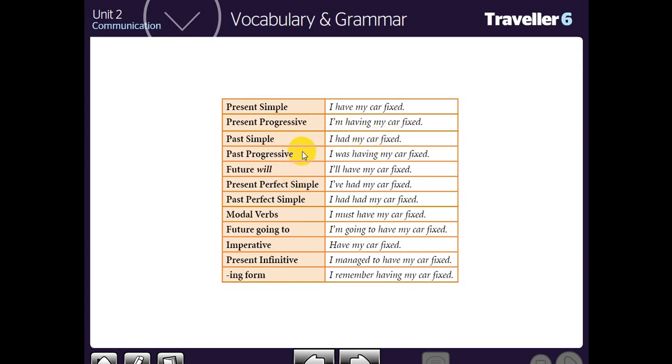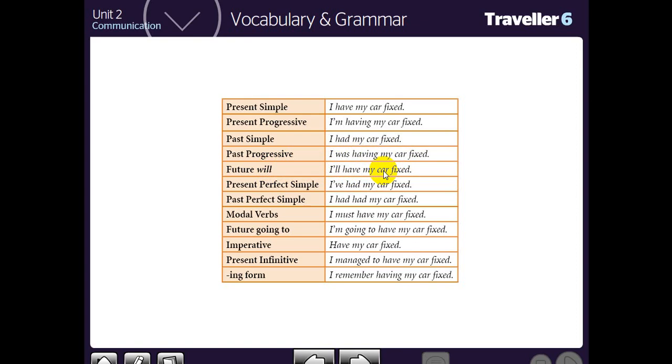As for the past progressive, you should use the subject then was or were, plus having, plus object, plus past participle. And as for the future simple, whether with will or going to, you must put have, then the object, then the past participle.